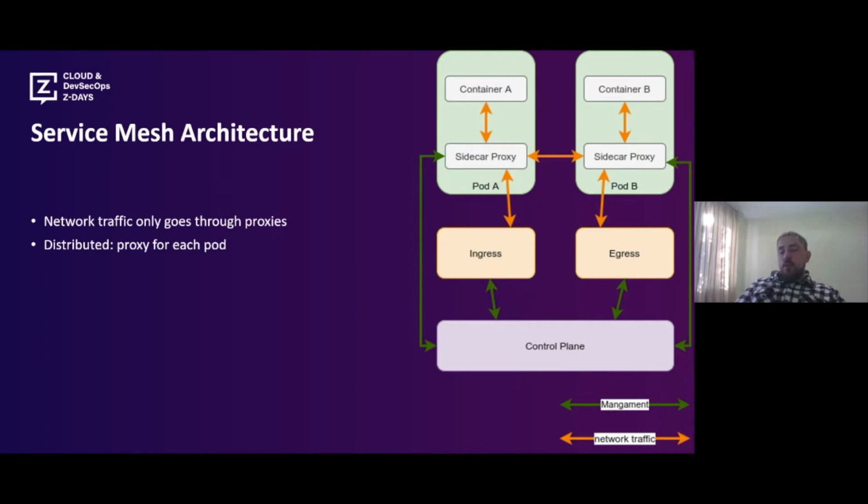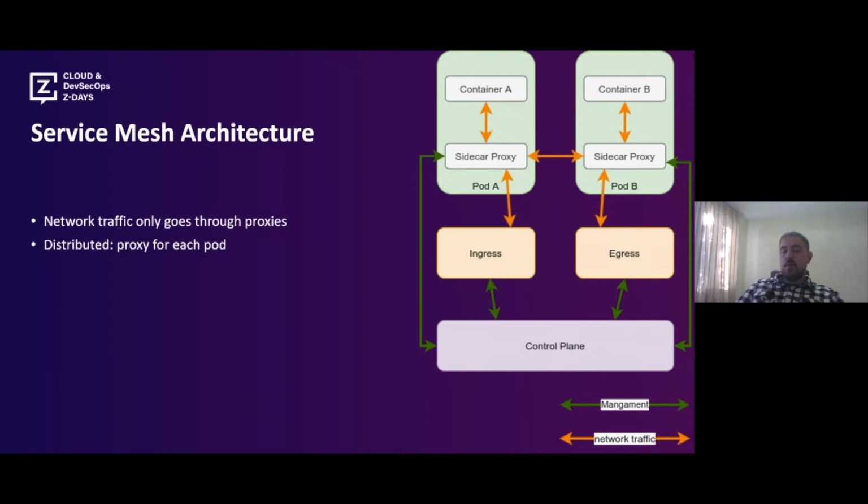And the really key piece here is the control plane. That control plane is what makes service mesh. This control plane is a central point which is responsible for running all these proxies and managing their configuration. So it's a single pane of glass.